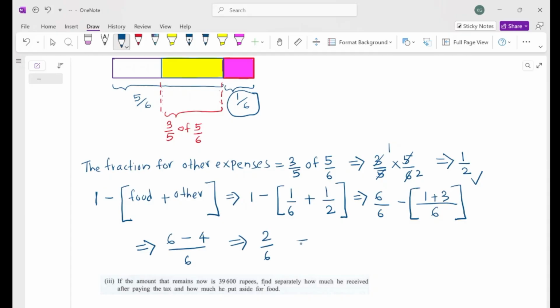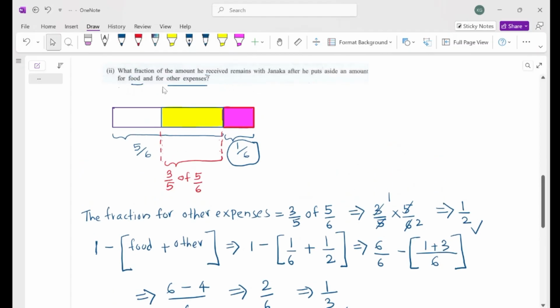Dividing by 2, this would be a fraction of 1/3. A fraction of 1/3 of the whole is remaining after he spent for food and the other expenses. So the remaining part is 1 out of 3.